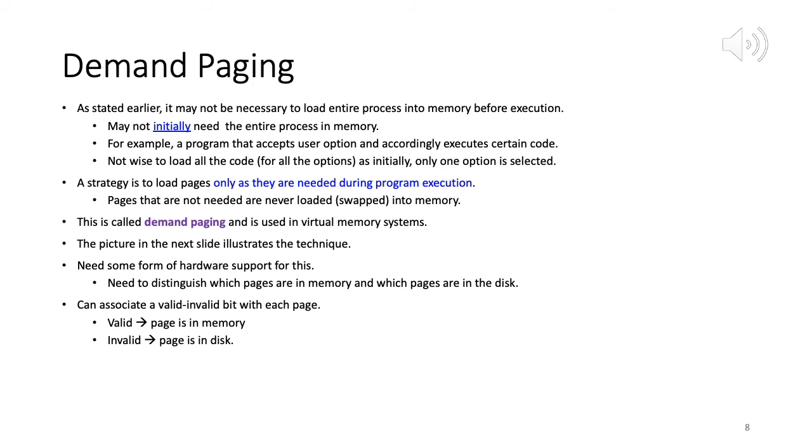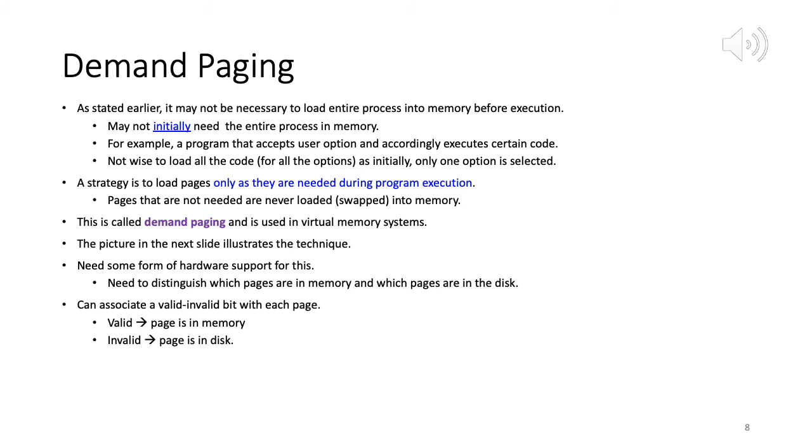Okay. So the picture in the next slide illustrates this technique. We'll just look at that. We need some form of hardware support for this demand paging. We need to distinguish which pages are in memory and which are not in memory, which are in the disk. So we can associate a valid-invalid bit with each page. Valid: page is in memory. Invalid: page is in disk.